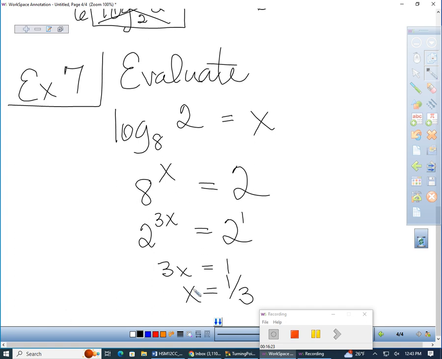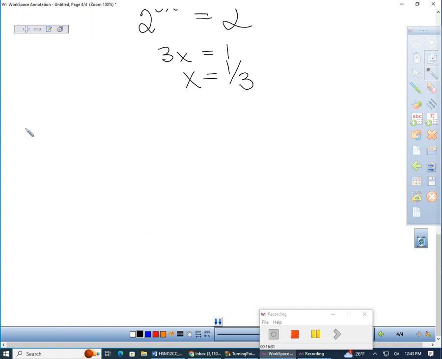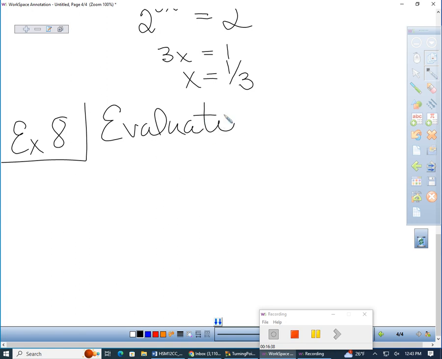So last example and I'm done. One more just like that. Example number 8. Last one. Let's go with log base 27 of 9. So we're going to set this equal to x because you can't make 9 into a 27 very easily. It's a little bit tougher to do. So now I'm going to rewrite this as 27 to the x equals 9.